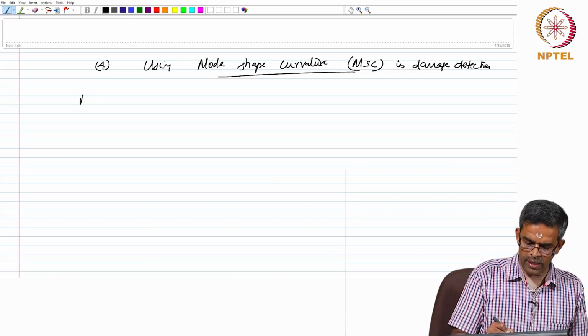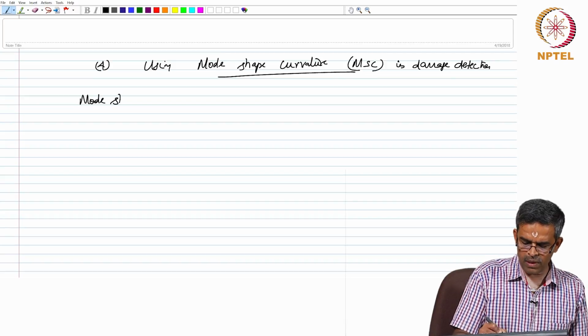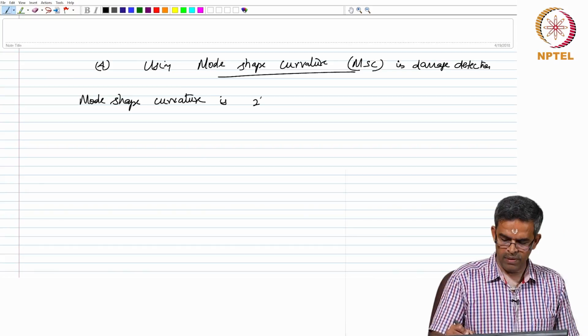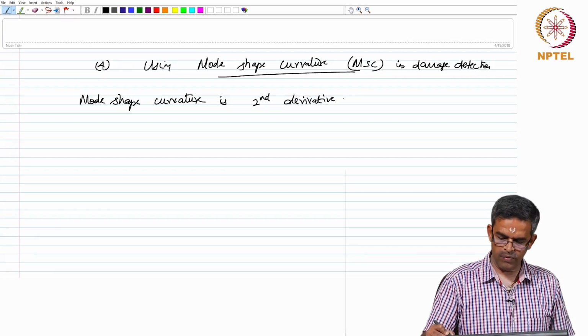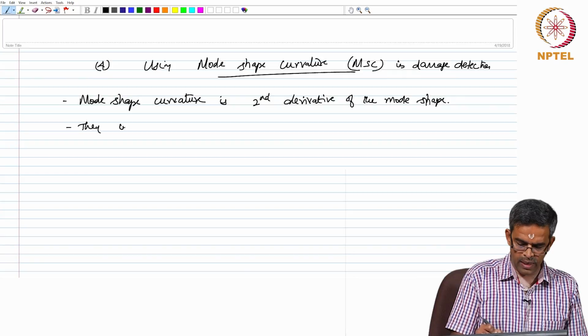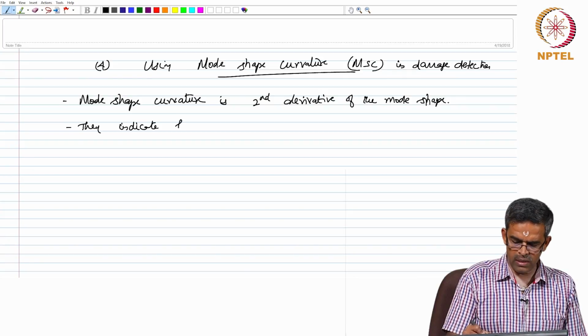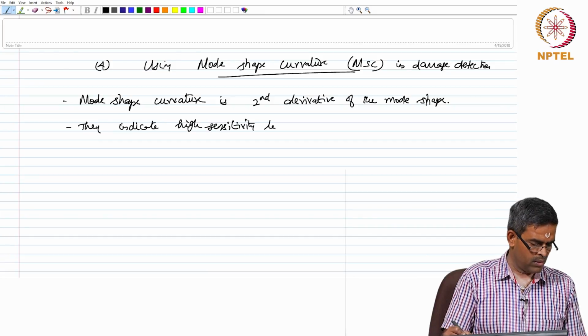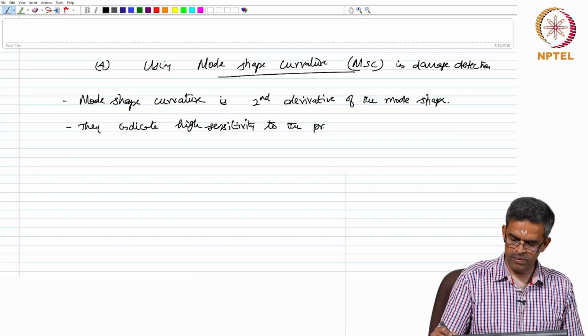We all should agree that mode shape curvature is the second derivative of the mode shape. They indicate high sensitivity to the presence of damage.